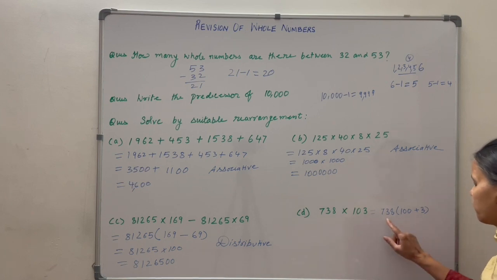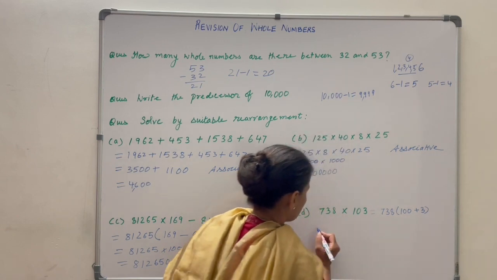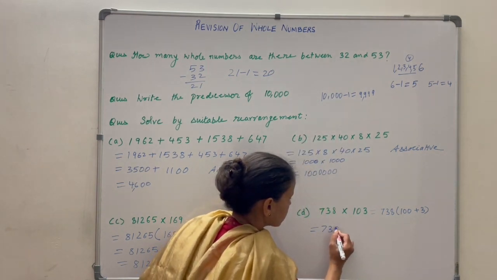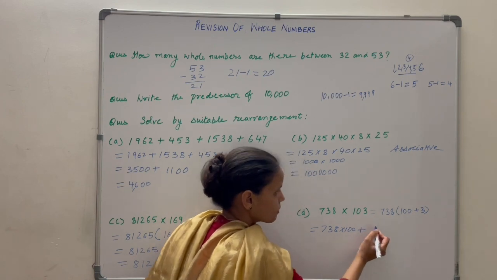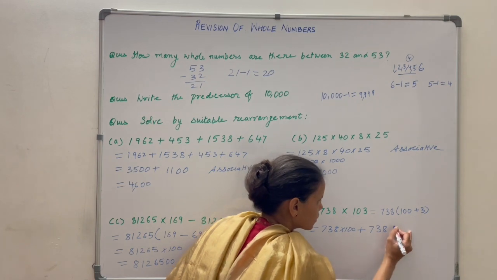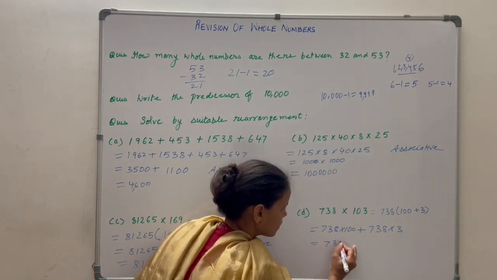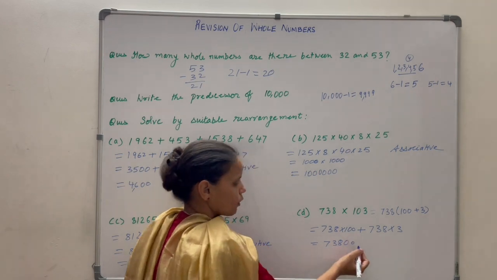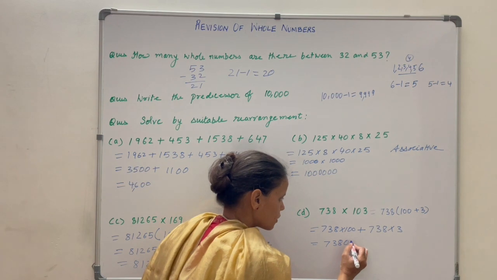First we will multiply 738 with 100, and this is plus here, so I am going to put plus 738 into 3. When you multiply 738 with 100, it will be 738 followed by 2 more zeros because there are 2 zeros here.